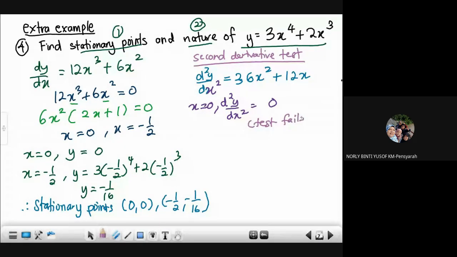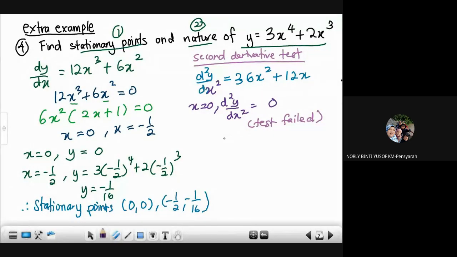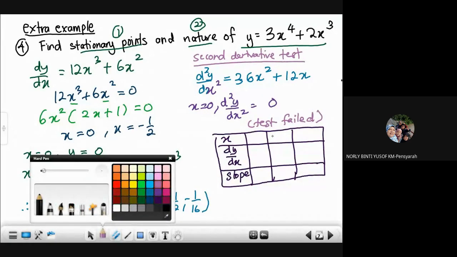So buatlah jadual first derivative, back to first derivative test. So x, dy/dx, jadual dia ada tiga benda ni in your row. Slope. Cuma point dia satu je. Okay, then masukkan sini kosong.